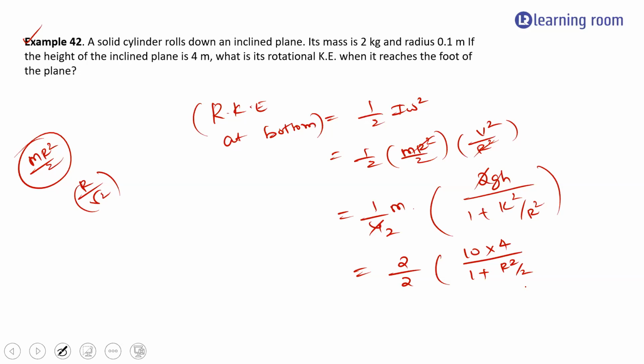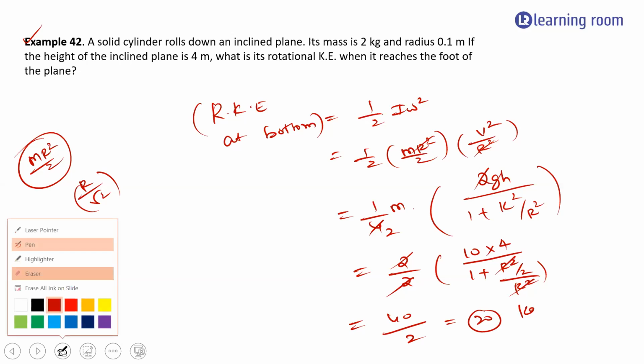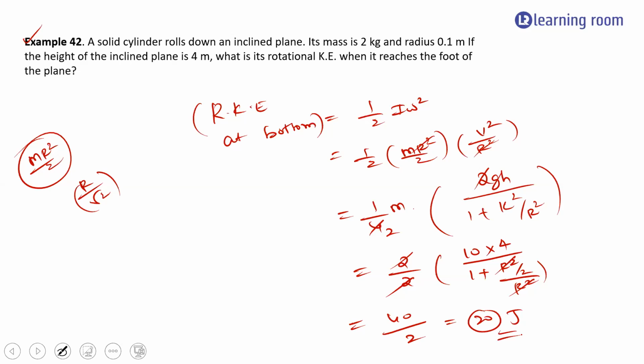R square by 2 by r square, and r square are 1. So what will we get? 2 and 2 are 1. 40 divided by 2, which will give me 20. So rotational kinetic energy also has the same unit, 20 J.